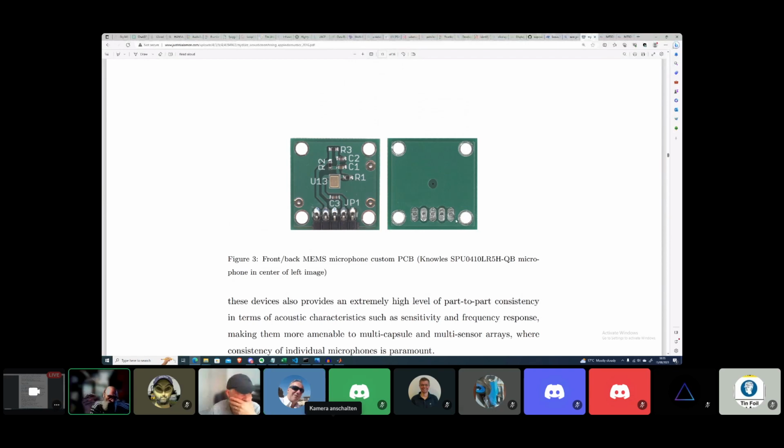If you're talking about a MEMS sensor microphone, you're not talking about a traditional microphone. You know what I'm saying? Yes, it is different technology.